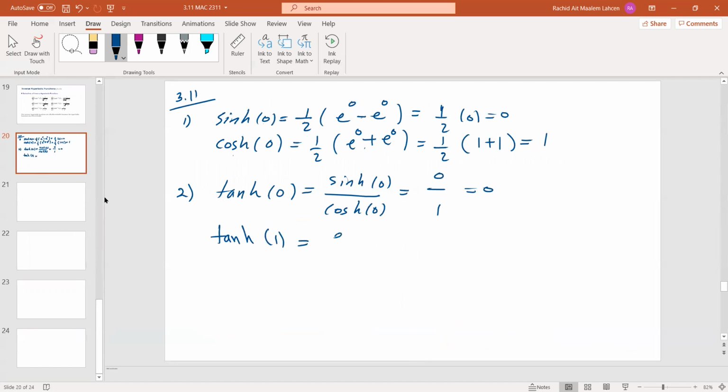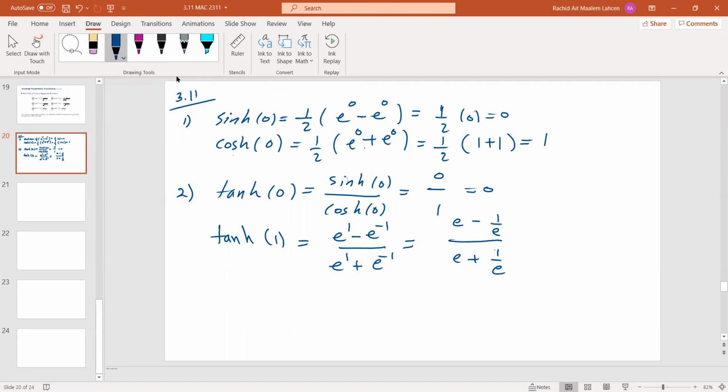If we want to use that formula, we'll do e^1 minus e^-1, divided by e^1 plus e^-1. So this is e plus 1 over e, and this is e plus 1 over e, and we can remove this one here because it's the same thing.